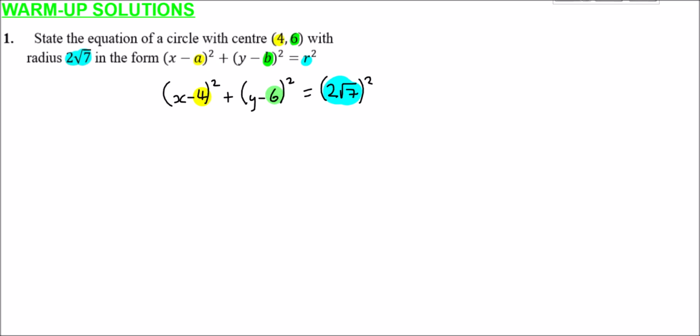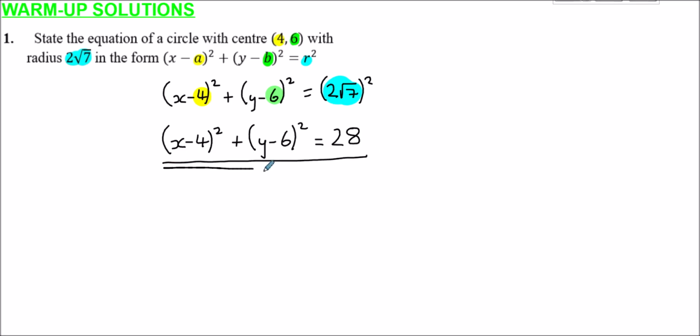So the only thing we need to do now is just expand out this bit at the end. So that's going to give us x minus 4 all squared plus y minus 6 all squared equals, 2 squared is 4, root 7 squared is 7. So 4 times 7 will give us 28. And if you don't like that, please do feel free to use a calculator to verify it.